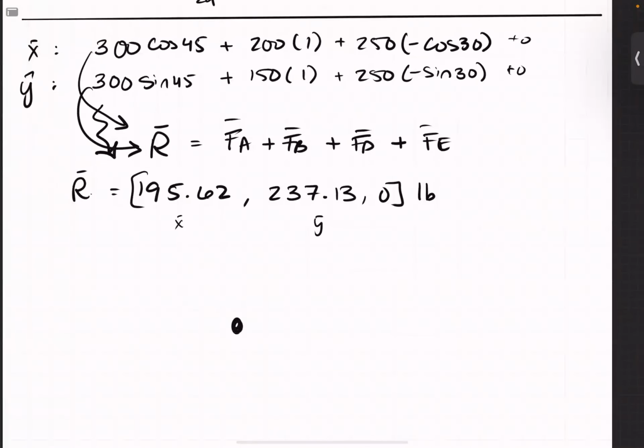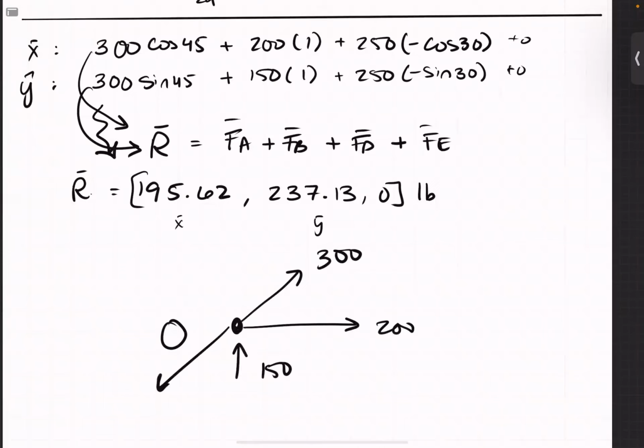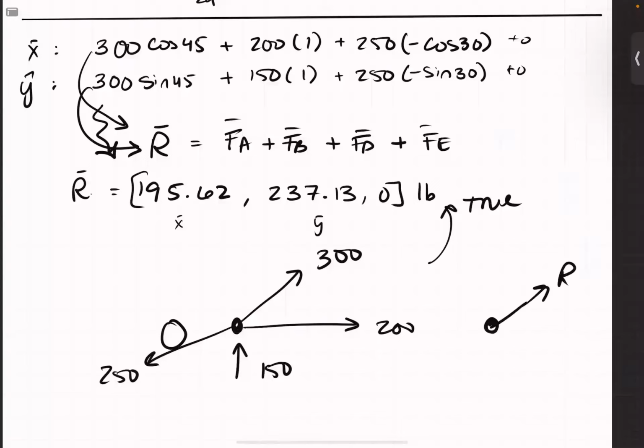If we were given that this was 0.0, 300, 200, 150, and 250, this would be true, because that's what we're looking for, is a force couple system where the resultant force is equal to all of these added together. So it's like when you're pushing on it, for D for example, the entire box movement's not rotating.